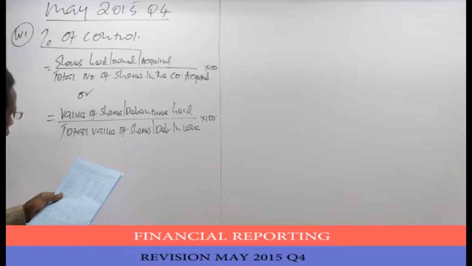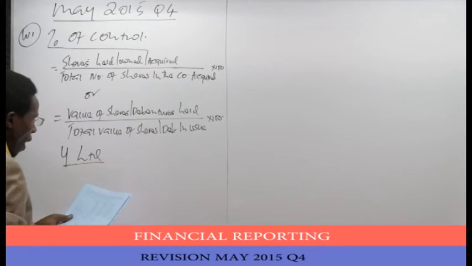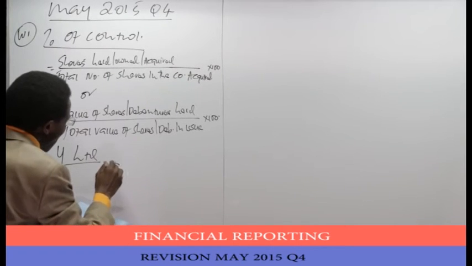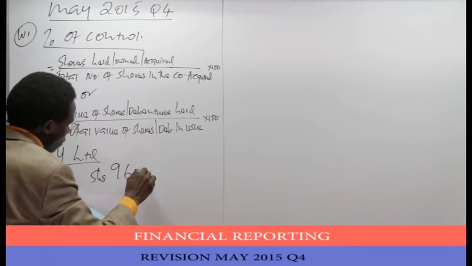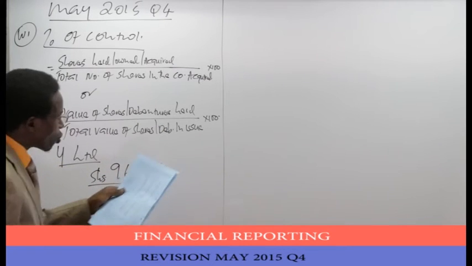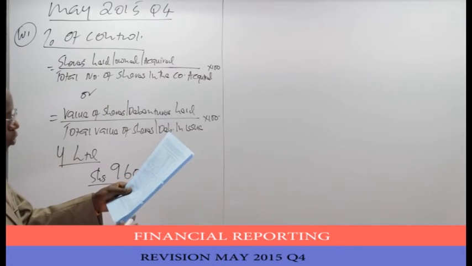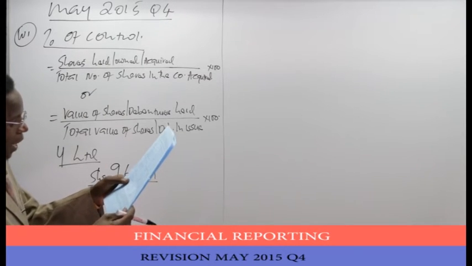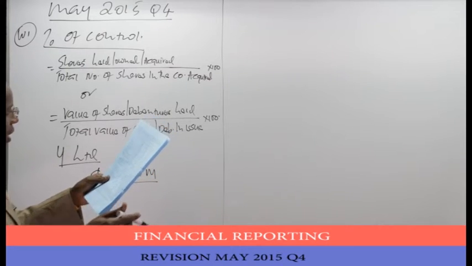Like in this case now, for Y Limited, we have acquired 960 million shillings. So we need to know the total value of shares in Y. We go to our statement of financial position. Under the balance sheet, under equity and reserves, there is 1,200.